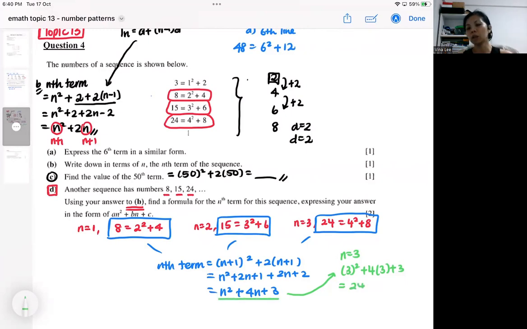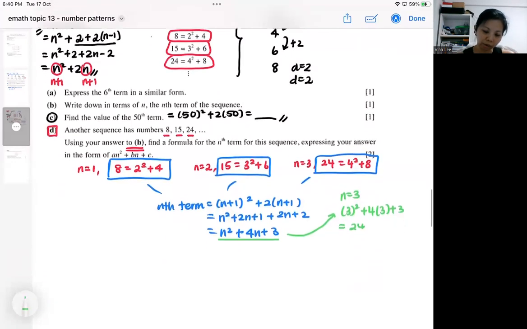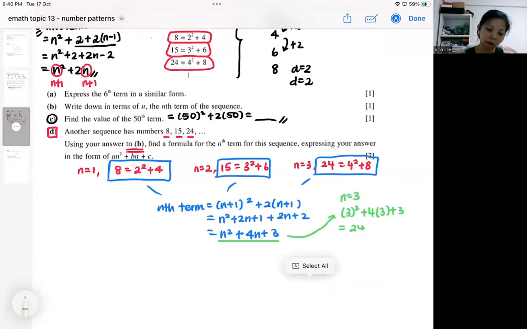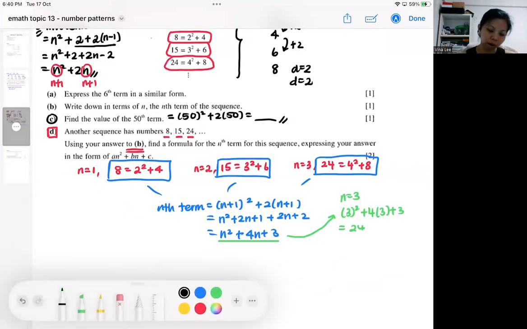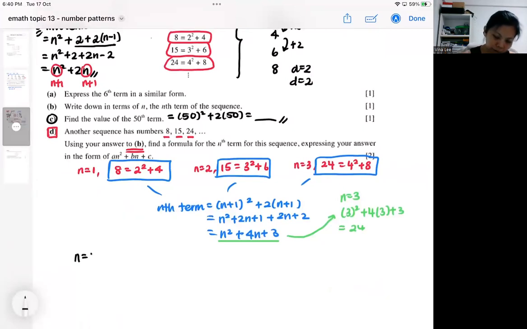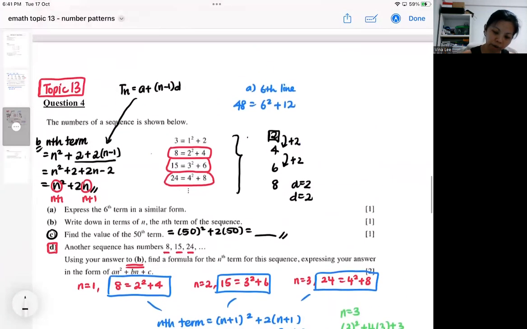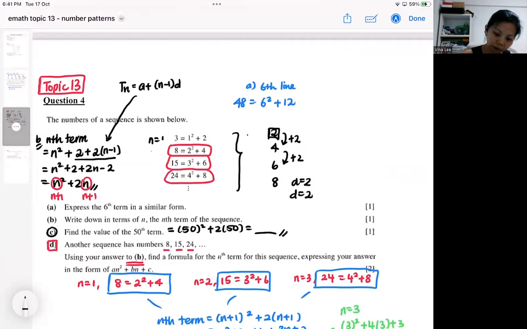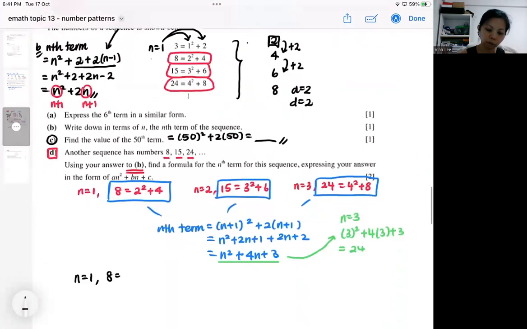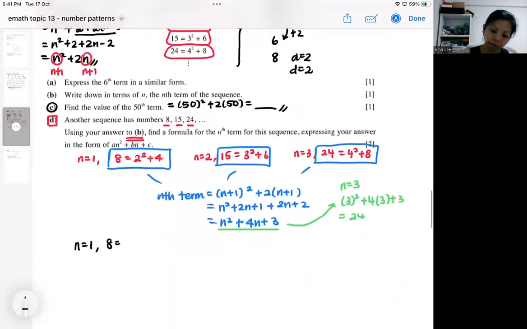If let's say you're not using the answer in front, then how are you supposed to observe? Another way to observe will be something like this. Remember just now we tried to observe n equal to 1, then how is it related? I'm going to do the same thing, but now my n equal to 1 is 8.